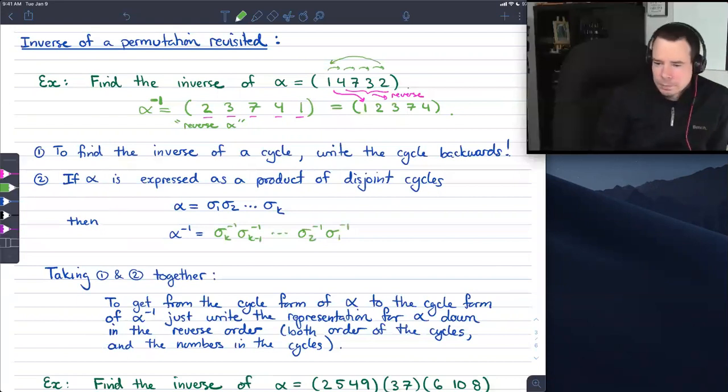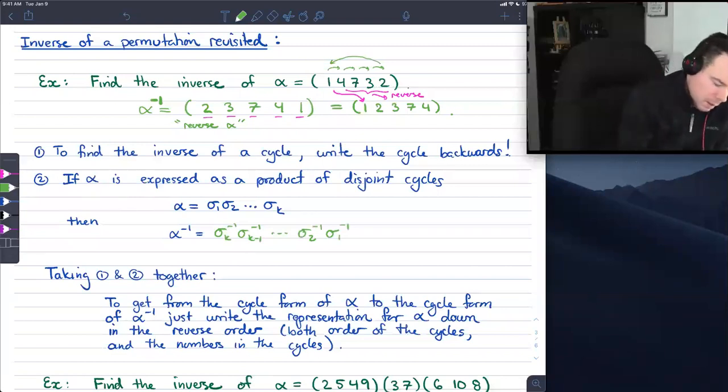So in other words, the inverse of a product is the product of their inverses in reverse order. This was the idea of, if you put your socks on, then your shoes on, the inverse of that is take your shoes off, then your socks off. You have to do the reverse and also do them in the reverse order. So invert and in the reverse order.